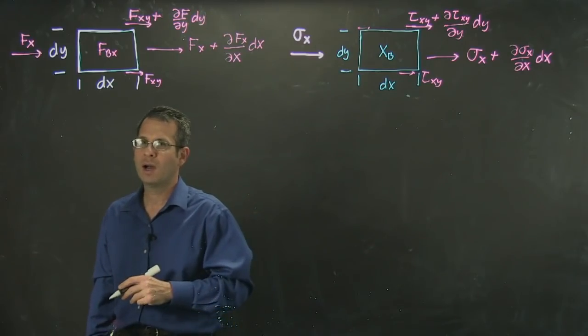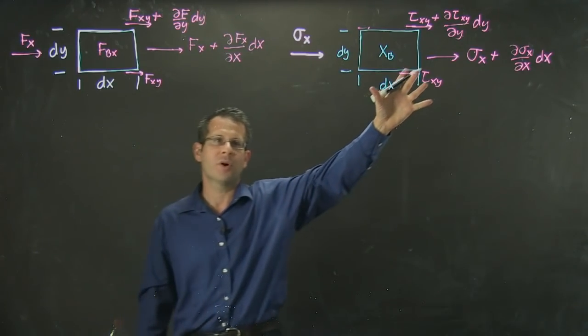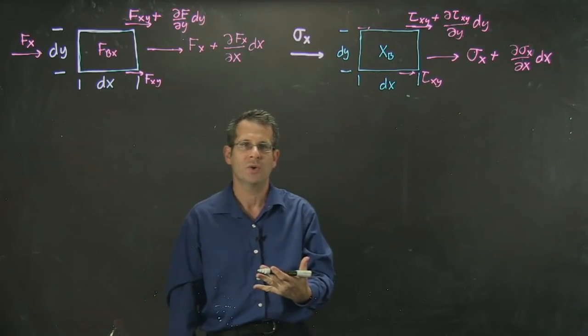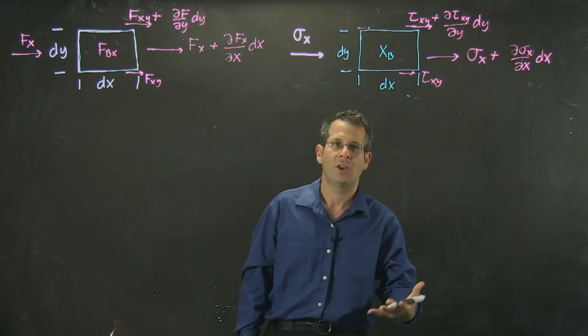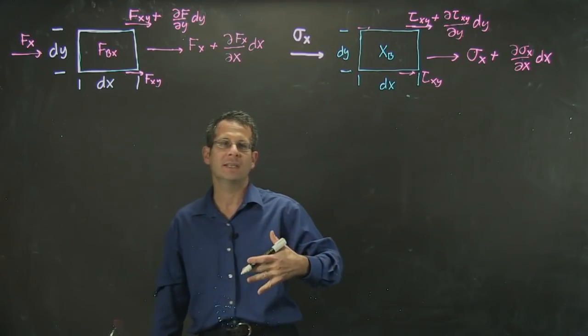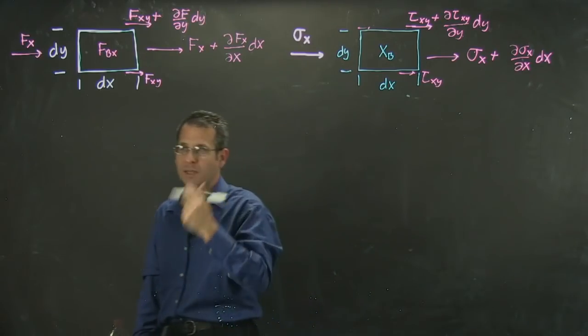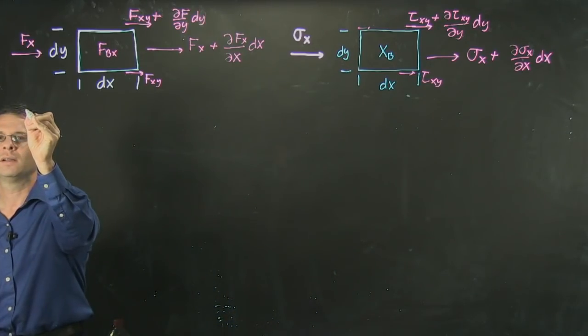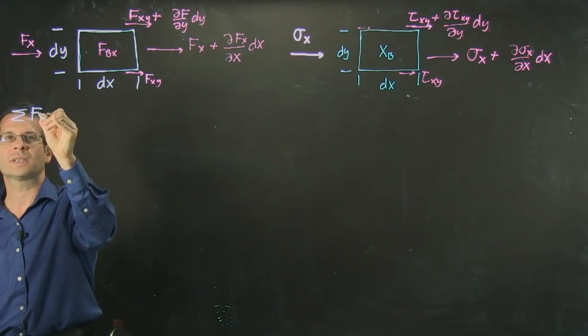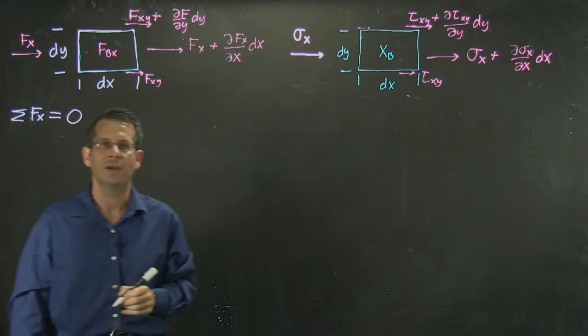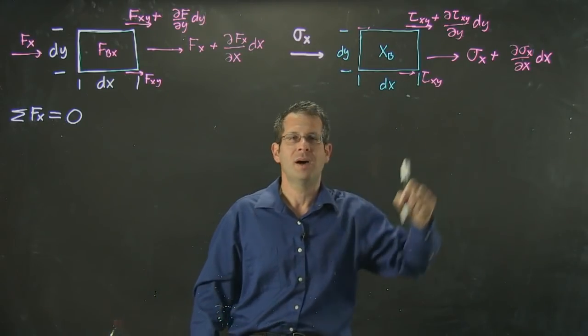Okay, so what I'm going to do is take this diagram and sketch out for you Newton's second law. The sum of all the forces has to add up to 0 if this cube is not moving. So I have the sum of all forces in the x direction, and I'm stating that must equal 0. And all I have to do is sum up these forces.